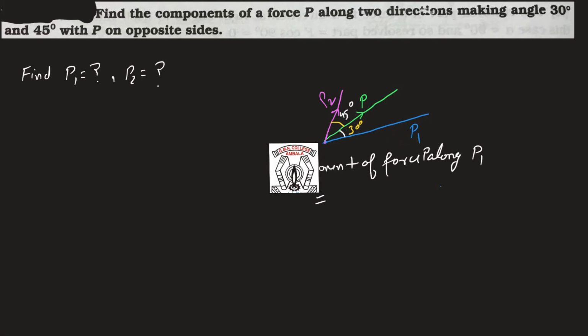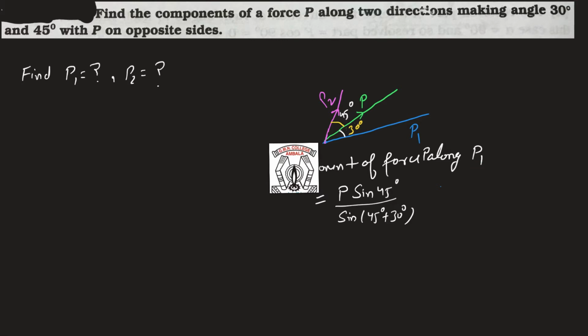What will it be? We have studied it will be P times sine of the other angle. This angle is the primary angle, the other angle is 45 degrees, sine of 45, because we are taking the P1 direction. So, the other angle will be 45 degrees, divided by sine of the sum of the angles, 45 degrees plus 30 degrees. So, this will be the component along P1.